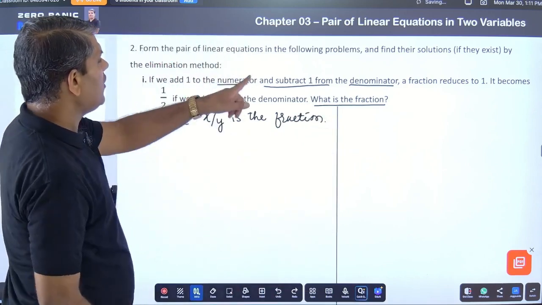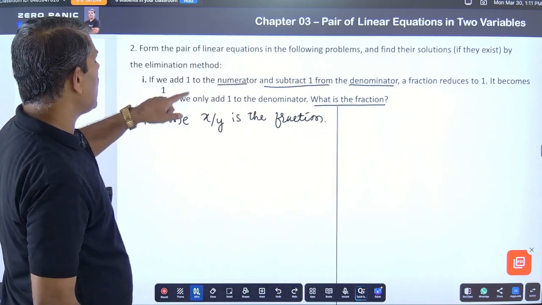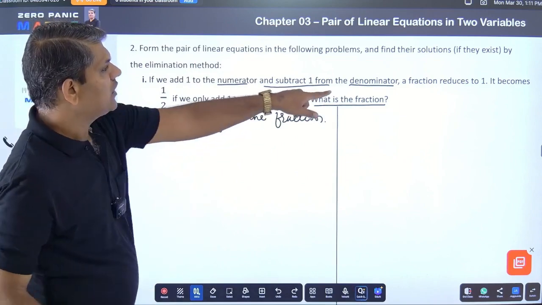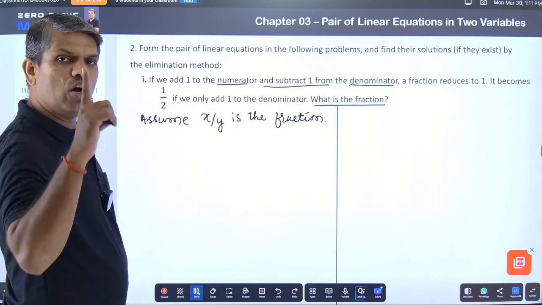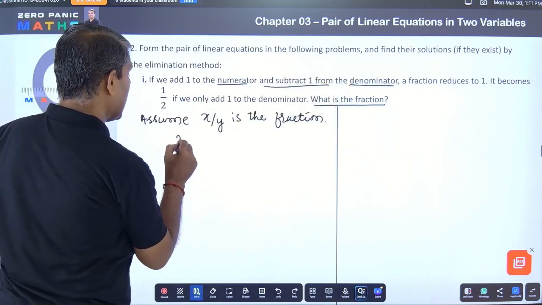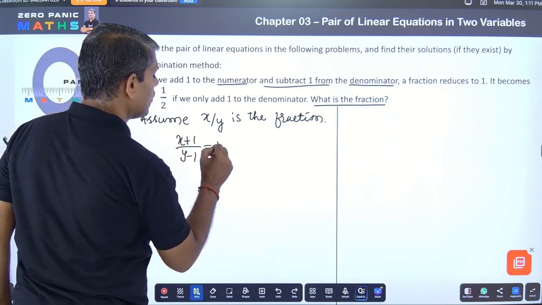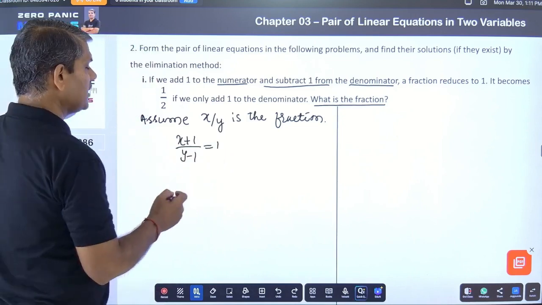So what is given from the first statement? If you add 1 to the numerator and subtract 1 from the denominator, that reduces to 1. So therefore x plus 1 divided by y minus 1 is equal to 1 is the statement, right?